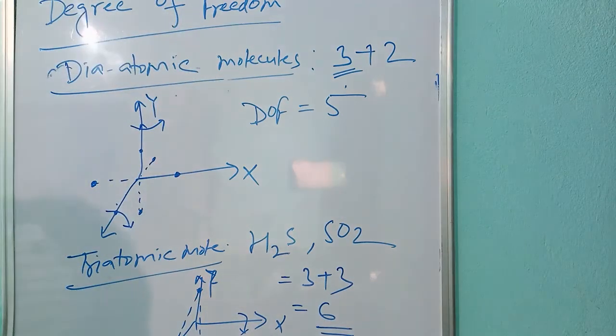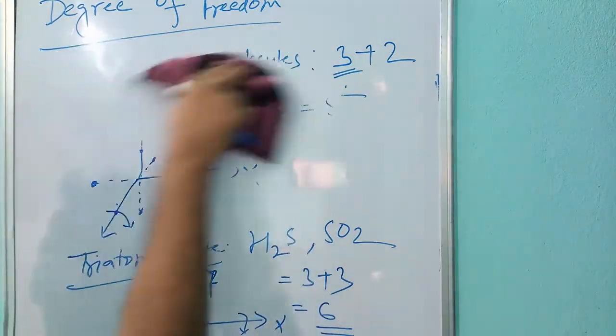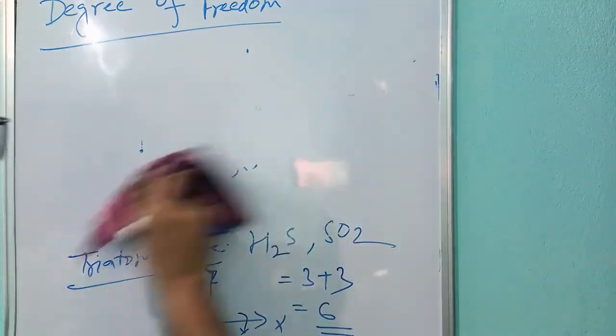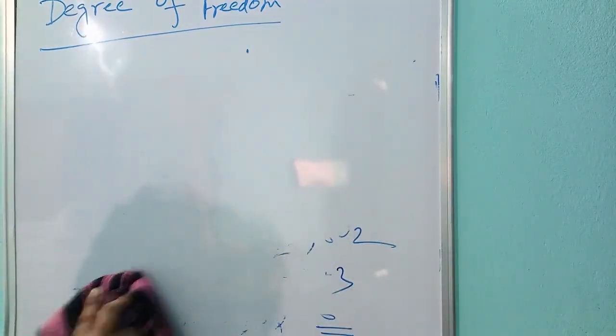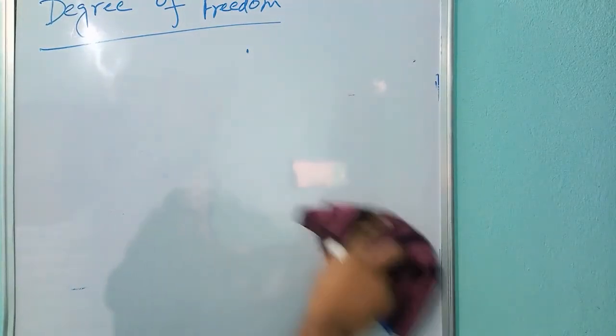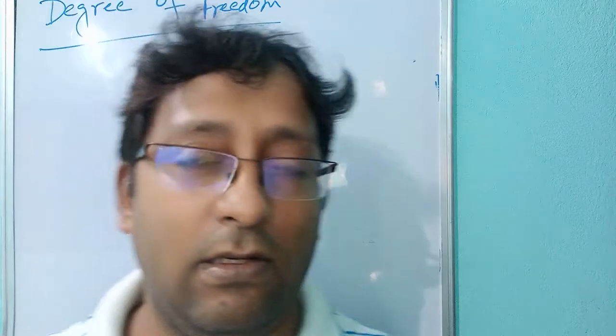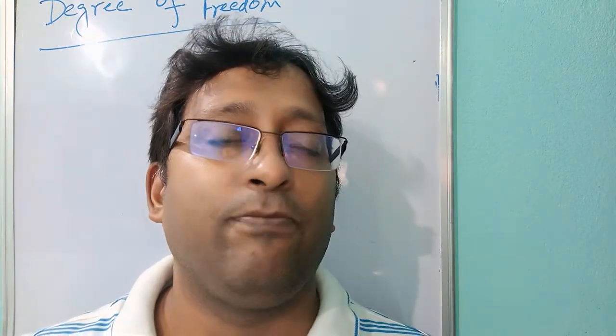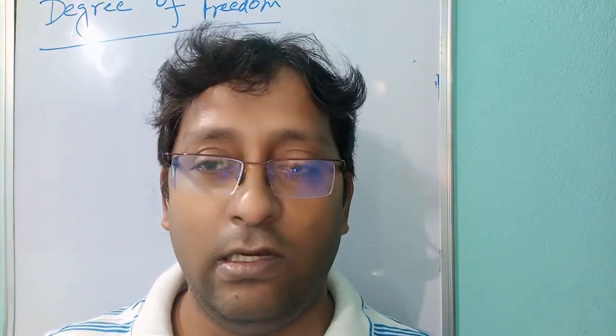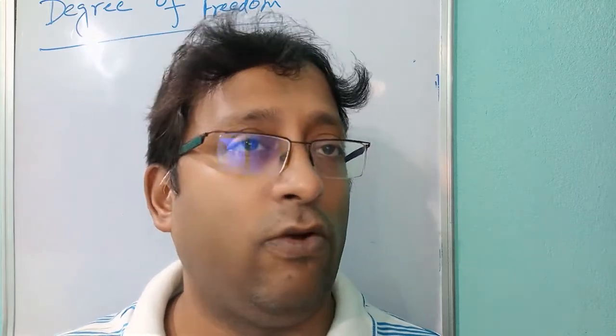So now guys, remember, in the case of monoatomic gas, the degree of freedom will be equal to 3, and in the case of diatomic it will be 5, why 5, 3 translational and 2 rotational, and in the case of triatomic molecule there will be 3 translational and 3 rotational.